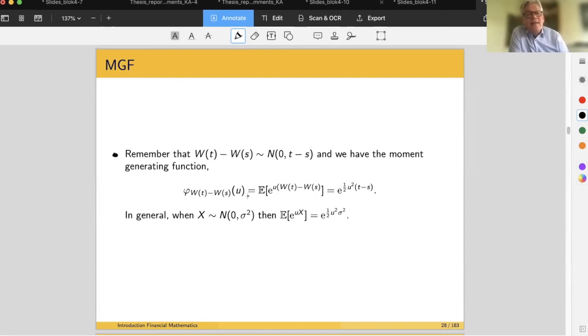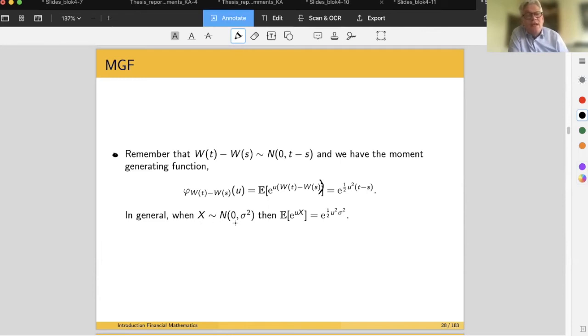That is then by definition the expected value of e to the power u times Wt minus Ws as the exponent here. And we have seen that when this is normally distributed, we end up with e to the power 1/2 u squared times t minus s. So x is normally distributed.